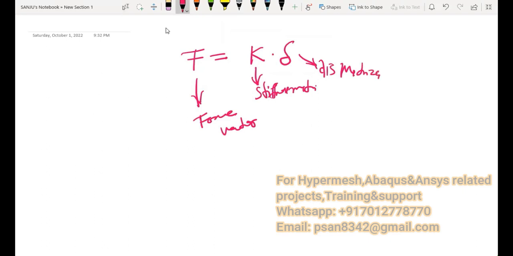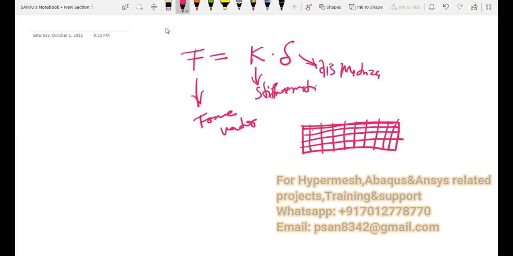So if I am showing one object or something, I'm dividing this into segments. Say I'm meshing this one with some global element size of 5 or something.